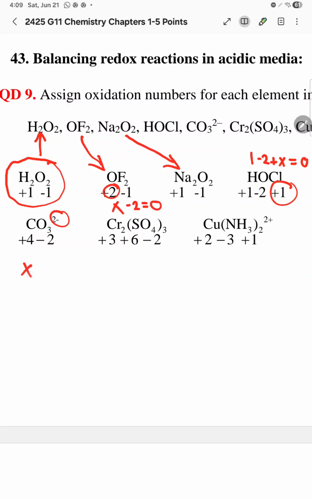So we don't know C. C plus -2 times 3, which is -6, equals -2. So you're going to move this to the other side. X equals 4. So the oxidation number of C is going to be +4.